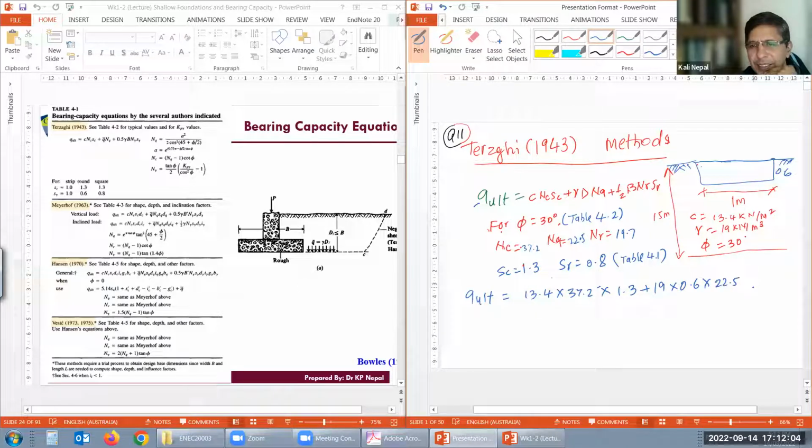So now plus half gamma is 19 times B, the width, is 1 meter. N gamma is 19.7 times S gamma is 0.8. Can you put that in your calculator and give me the answer, please.